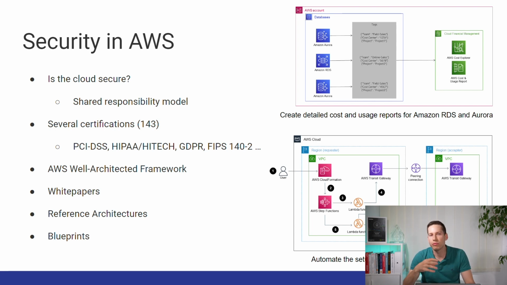AWS not only provides these certifications, but if you are on the builder side, if you are a solution architect implementing these systems, you can have a look at all the resources that AWS provides. AWS has a Well-Architected Framework that you can check out. You can read all the white papers that AWS provides, or you can get a detailed understanding of how the services work.